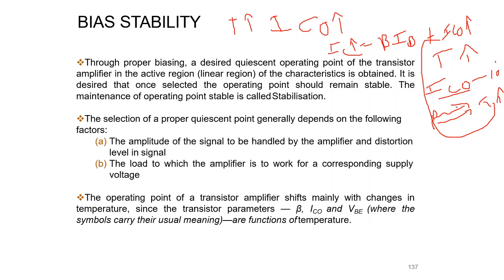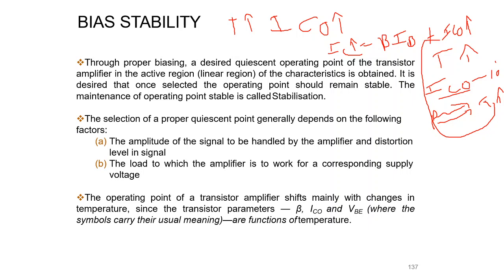Once the power dissipation has increased, what happens indirectly? The temperature increases once again. Once the temperature increases, the cycle repeats: ICO increases, IC increases, and the power dissipation increases again. Once the power dissipation across the junction increases, the temperature increases. The cycle repeats until the transistor enters a failed or damaged condition. This phenomenon is called thermal runaway.